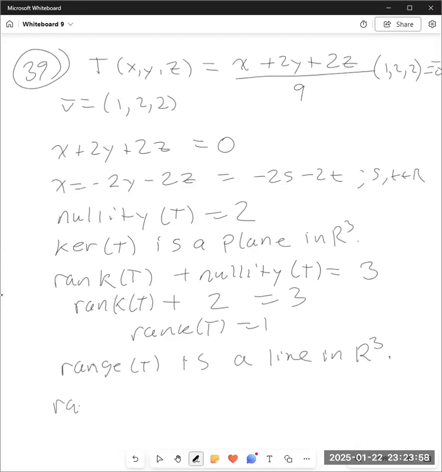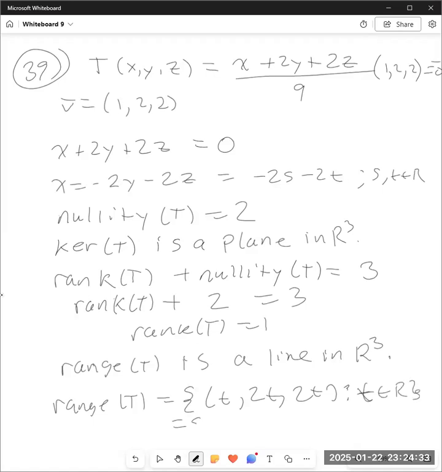And the range of T, if we want to figure this out, is (t, 2t, 2t) here, with t an element of the real numbers.